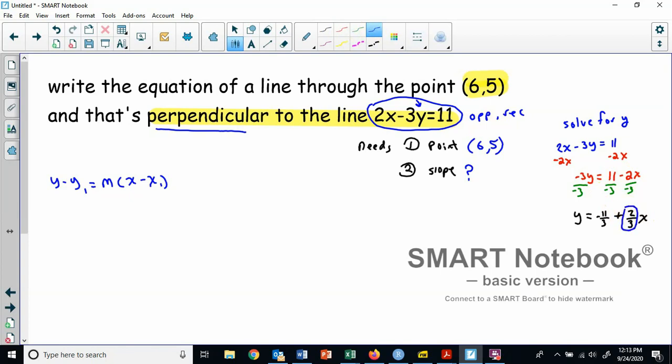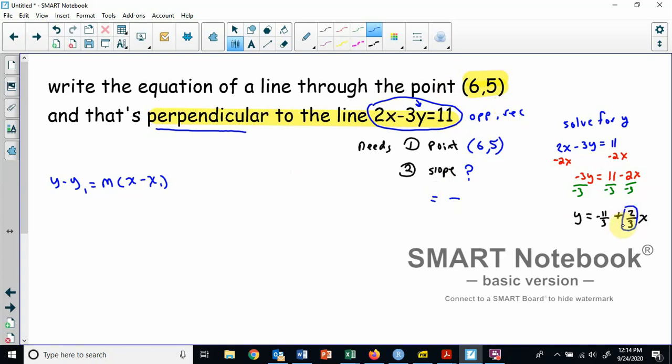All right, take a pause for a second. Breathe. Now, is this going to be the slope that we use? Well, what do we know about this line? It's perpendicular, so I need the opposite reciprocal slope. My slope will be the opposite of this one. This one's positive, so my slope will be negative, and it will be the reciprocal of this.